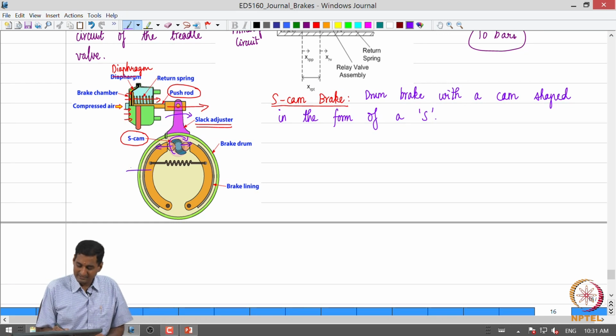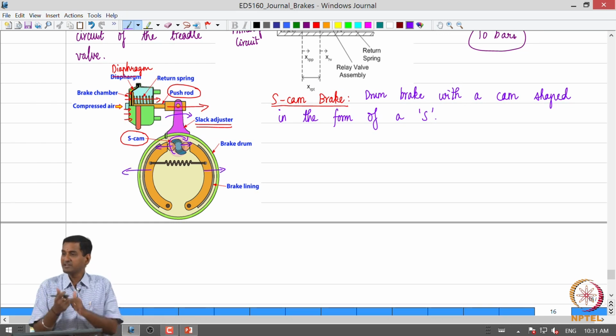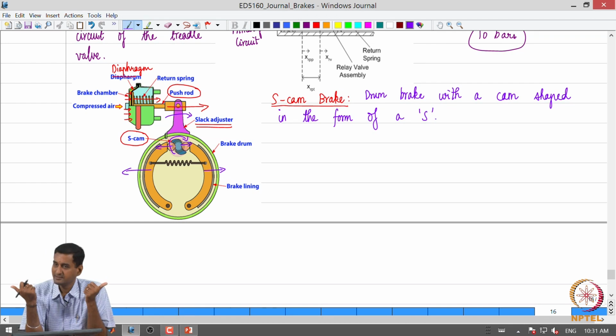The brake shoes will move out and contact the brake drum. The drum brake operation is the same: once you have an actuation force on the free ends of the brake shoes, they rotate about the pivot, contact the brake drum and generate the braking torque.